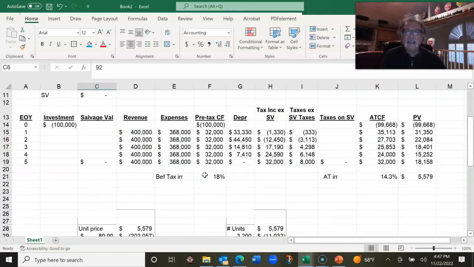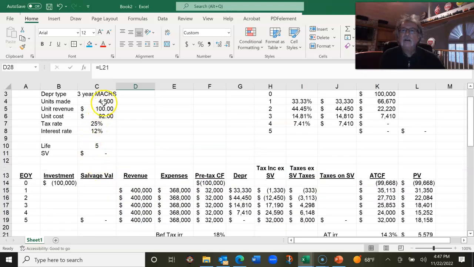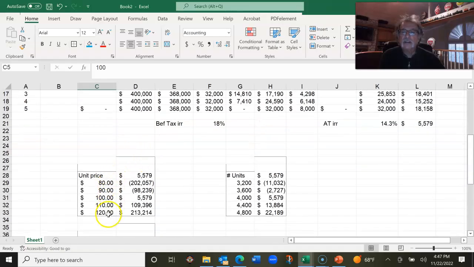Now I've shown you about data tables in the past, but let's look at the data table right here. I'm looking at the unit price, and I'm going to vary it from minus 20%. We have $100, minus 20% to plus 20%. The way we do this, let me just delete this here.